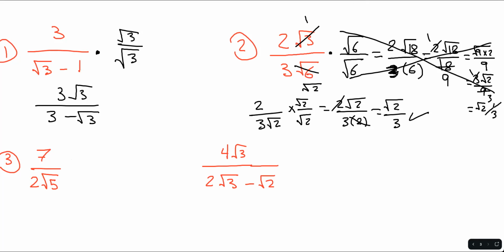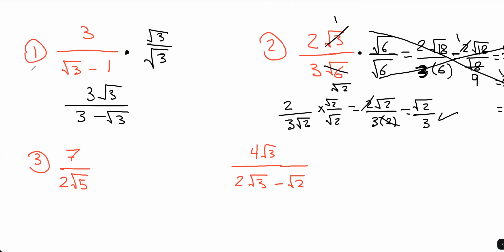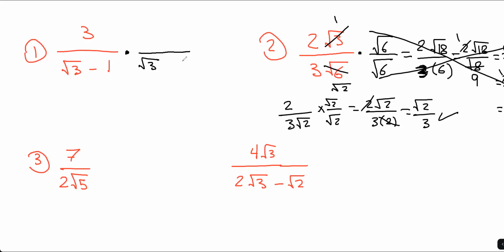But here, it's a new word that you're going to learn. And it's basically multiplying by the conjugate. So you're going to multiply by the conjugate. So what's the conjugate? You see this bottom here, which is root 3 minus 1.